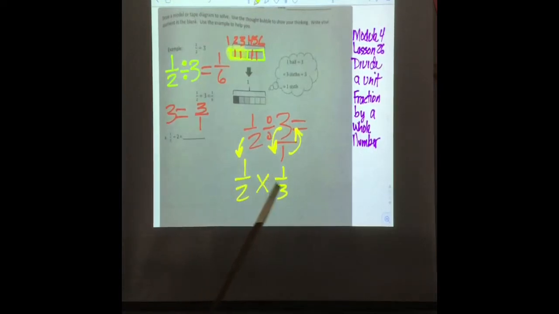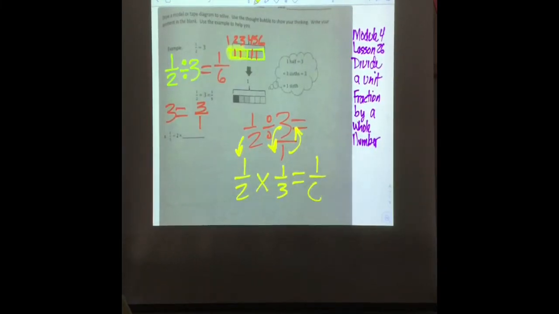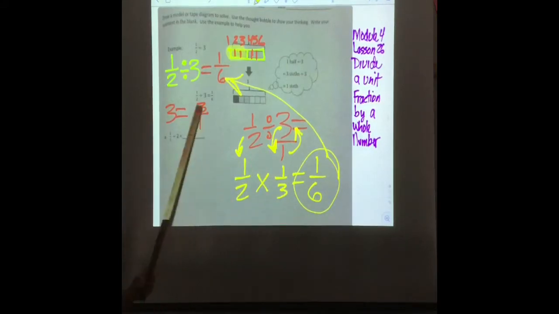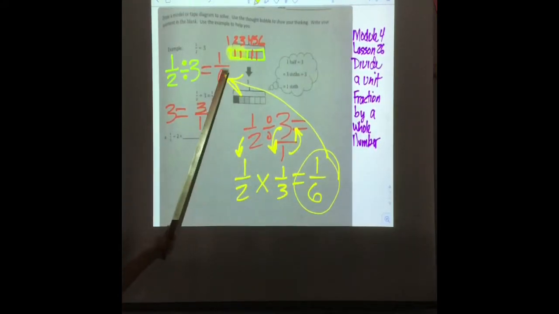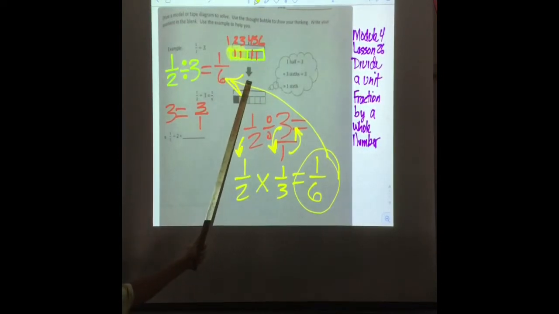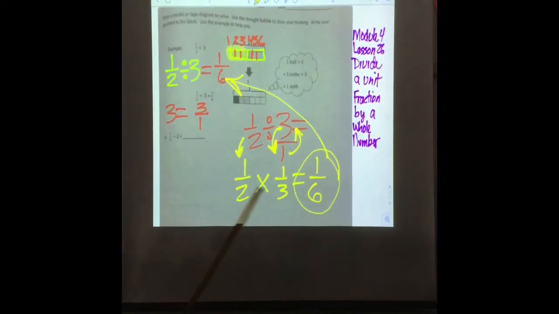Now it's 1 times 1 is 1, and 2 times 3 is 6. Is this the same as that? Yes, it is. So as you can see, we've done our drawing correctly, and we've also proved our drawing by using the algorithm for this. And you can pause it if you need to draw it out yourself.